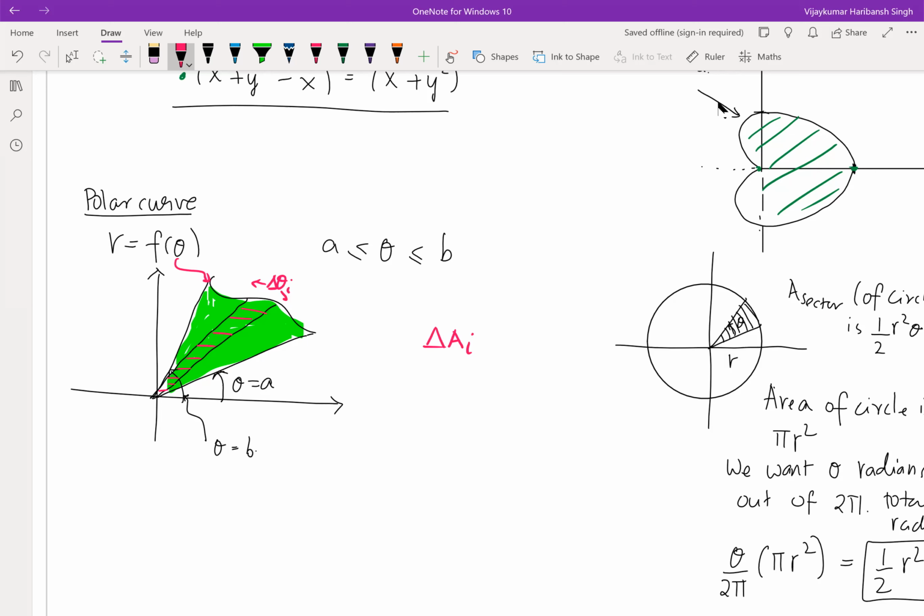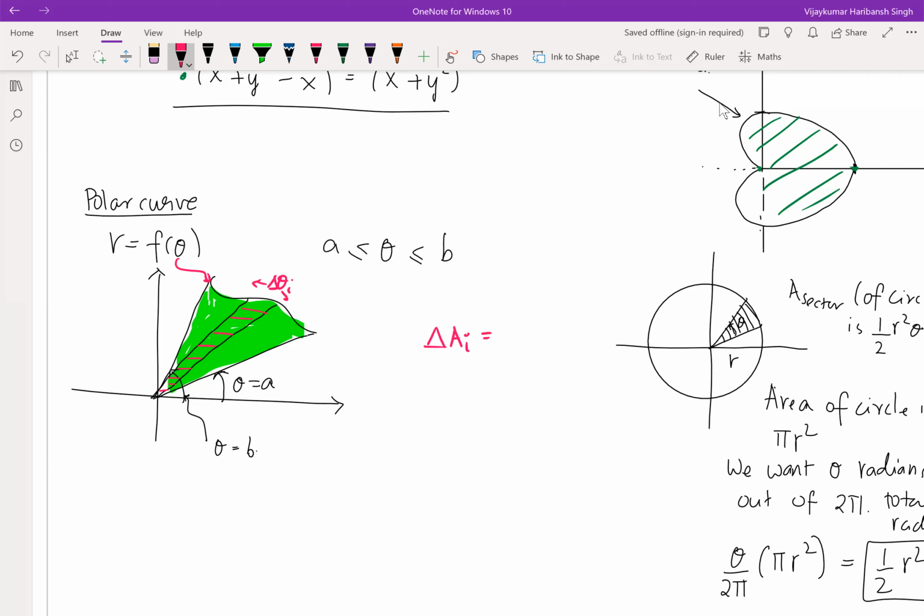Now we have r here, right? There may be a different radius here and a different radius here. But we can approximately think that they are of the same length, since the differences are small.